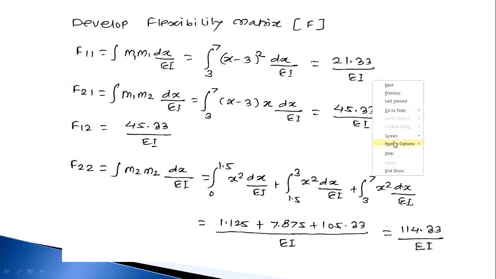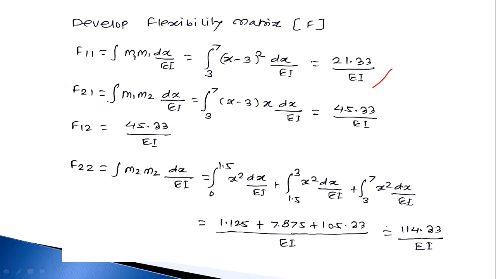Then next, develop the flexibility matrix, F matrix. For that, F11 becomes the integration of M1 into M1 dx upon EI. So the limits are 3 to 7, (x minus 3) bracket square, that is M1 into M1 dx upon EI. So F11 becomes 21.33 upon EI.